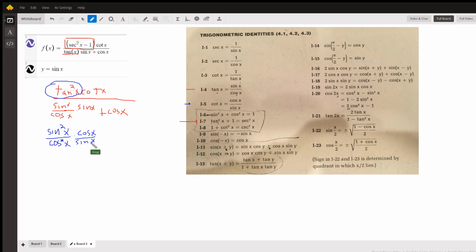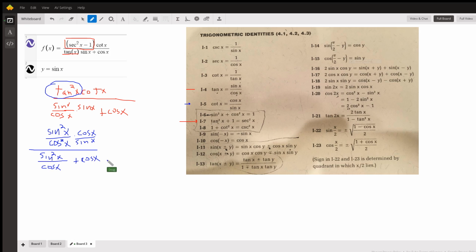And in the denominator, these two numerators multiply to give me sine squared. And I still have cosine of x in the denominator. And I still have this plus cosine of x sitting out to the right.